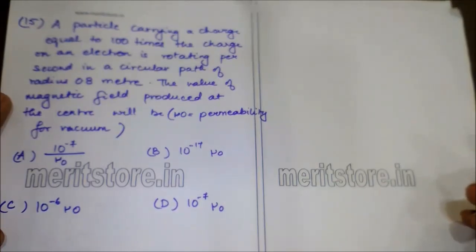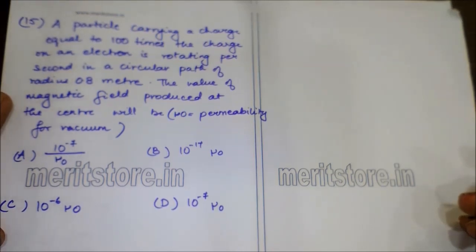Question number 15. A particle carrying a charge equal to 100 times the charge on an electron is rotating per second in a circular path of radius 0.8 meter. The value of magnetic field produced at the center will be, where mu0 is permeability for vacuum.